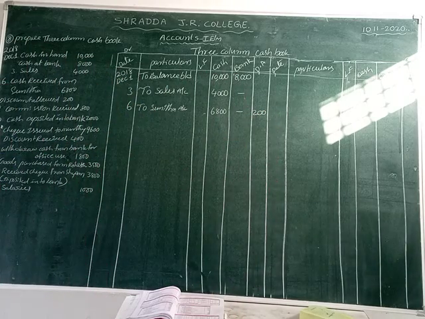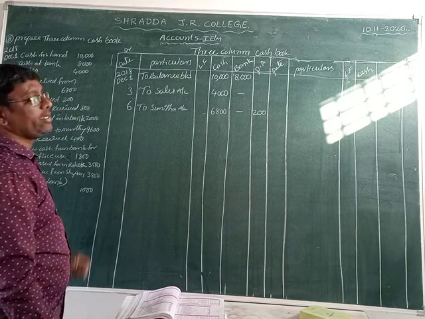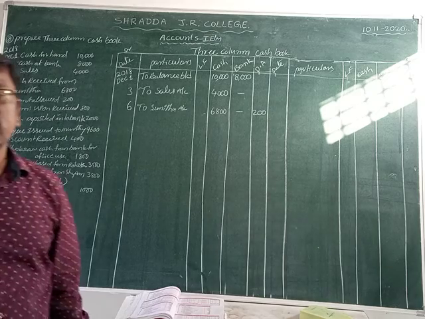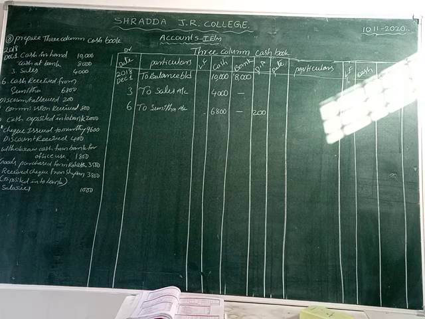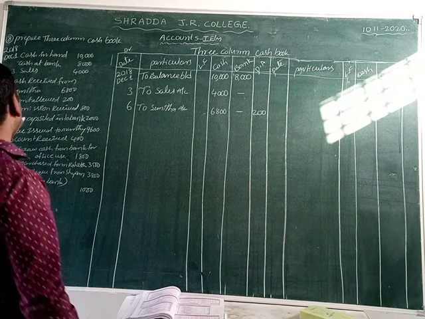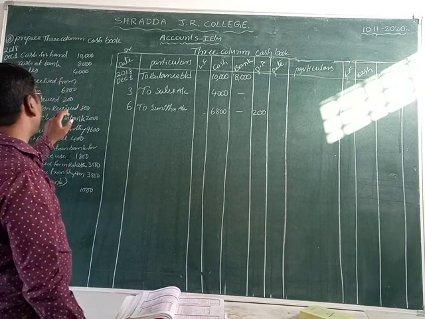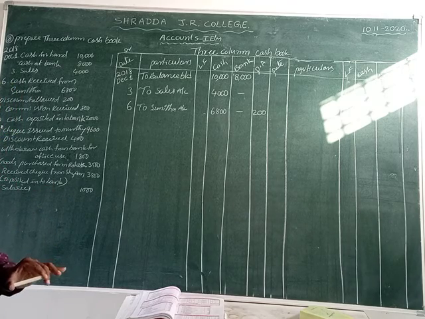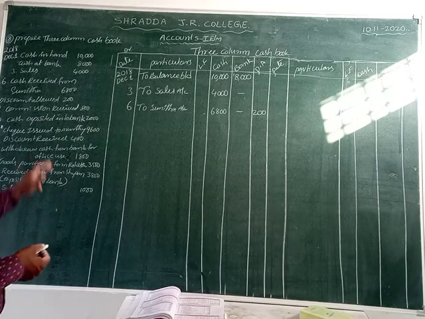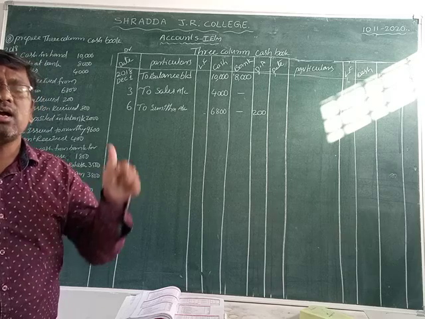Okay now, next one. 9th date. Commission received 800. How can we receive that commission? By cash or check. Here no check is mentioned. It is clearly mentioned commission received. So that means cash receiving. That is cash receiving. All cash receipts go to which side? Debit side.